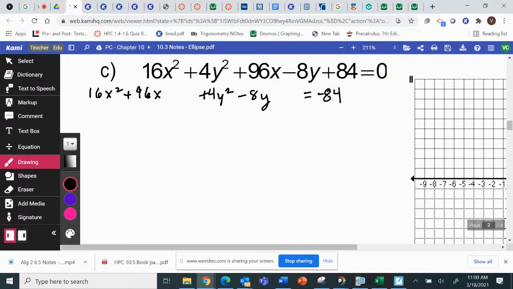All right, I subtracted 84. Any other guesses of what we're going to have to do to put it in the correct form, Caitlin? Complete the square. We're going to have to complete the square.